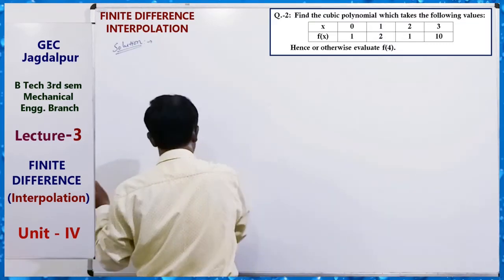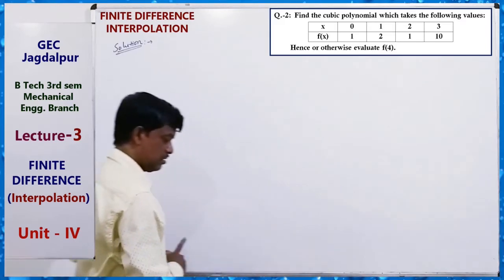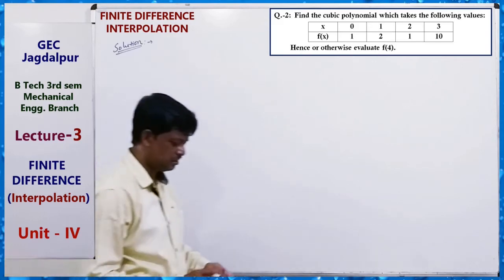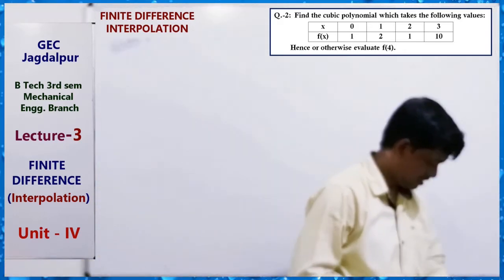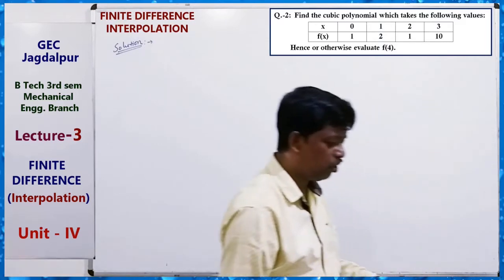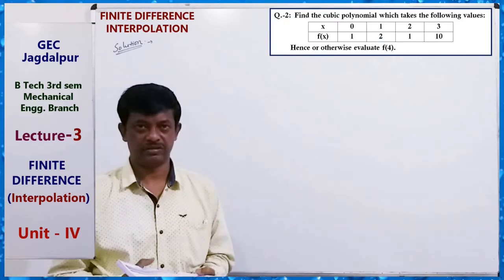Okay. So question is, find the cubic polynomial which takes the following values.